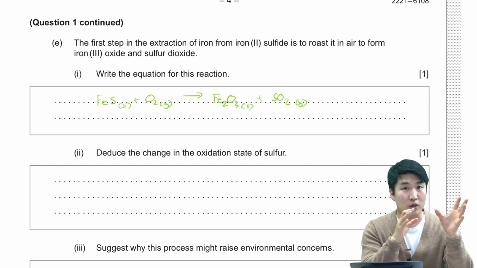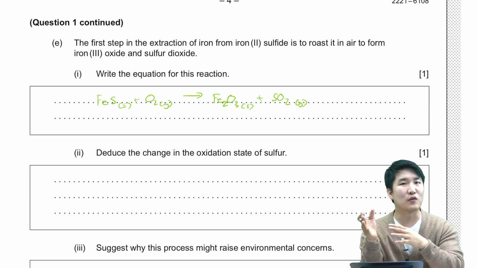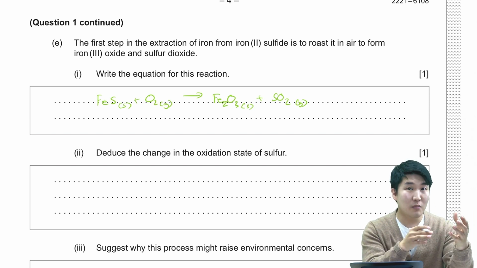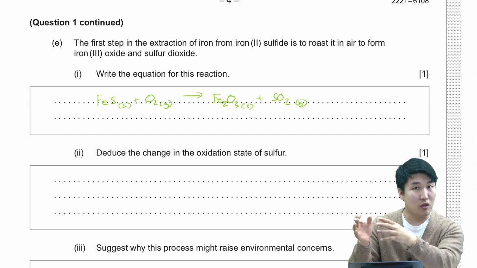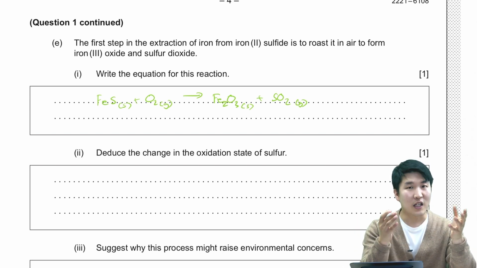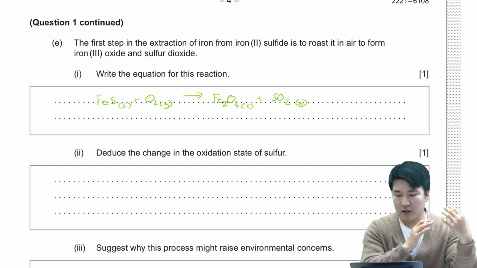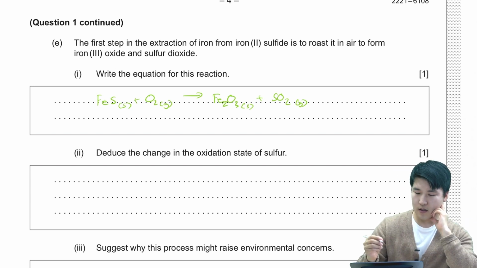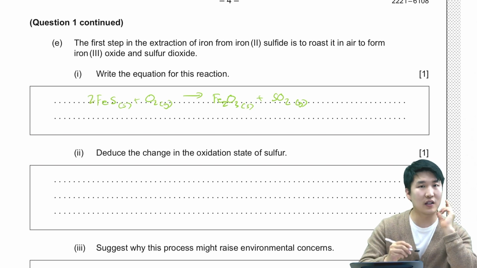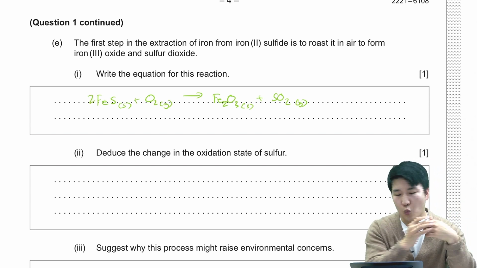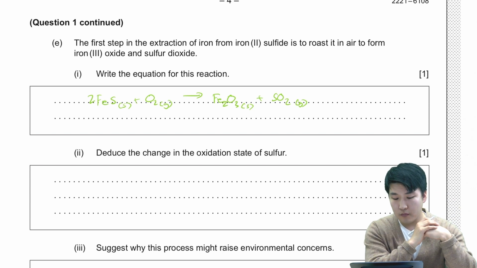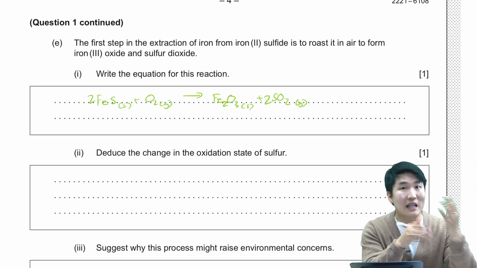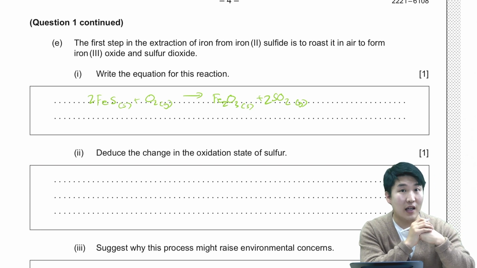We know what the reactants and the products are. All we have to do is make sure the number of constituent elements of the reactant and product molecules are the same left and right, reactant side and product side. Starting with the reactant, we'll have to have 2 FeS to produce 1 Fe2O3. We'll have to end up with 2 sulfur dioxide if we start with 2 FeS.